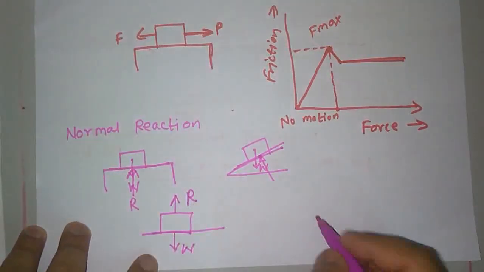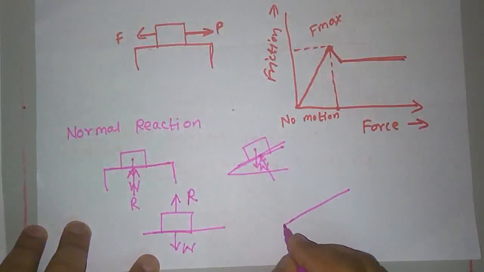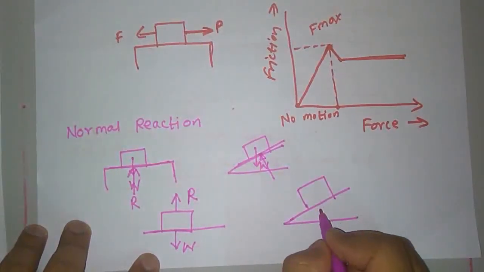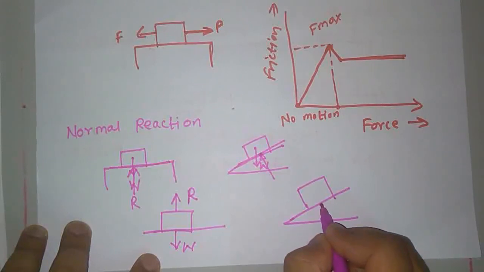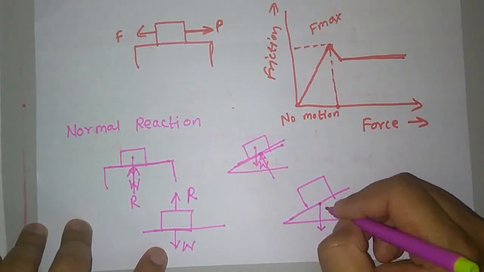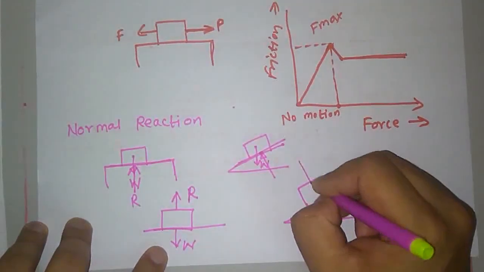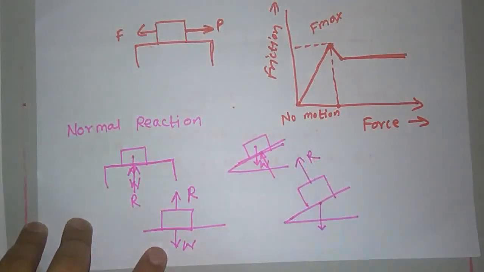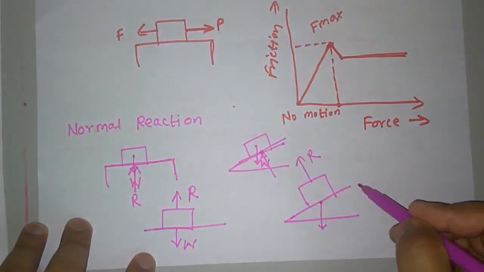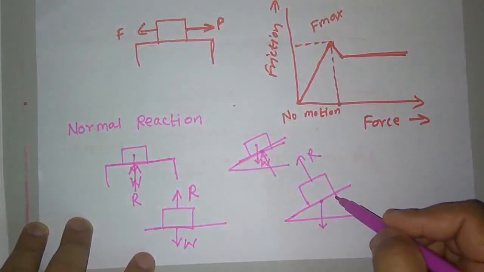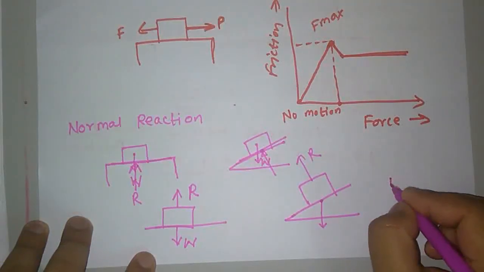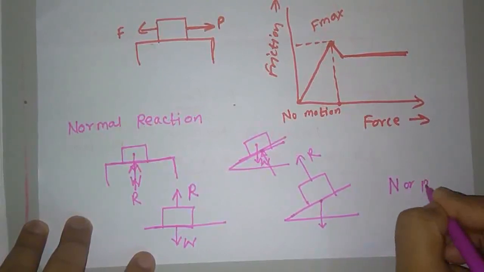Same here for the inclined surface: its weight is acting vertically downward, and perpendicular to this surface there is a reaction. The reaction which acts perpendicular to the plane is known as normal reaction, and it is generally denoted by N or R.